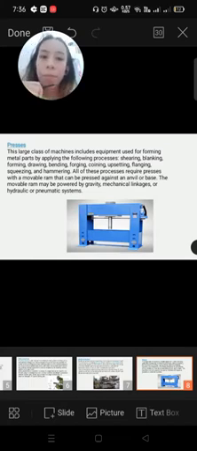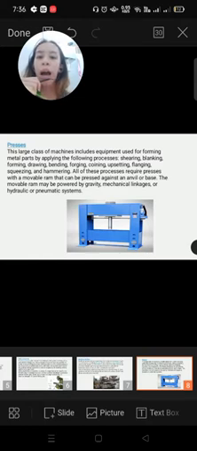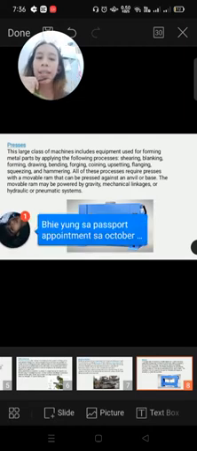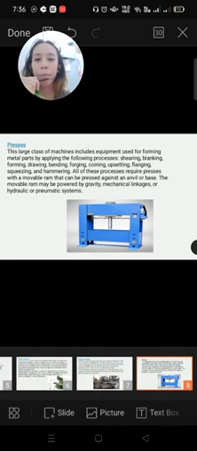All of these processes require presses with a movable ram that can be pressed against an anvil or base. The movable ram may be powered by gravity, mechanical linkage, or a hydraulic or pneumatic system. This is what we call the presses.